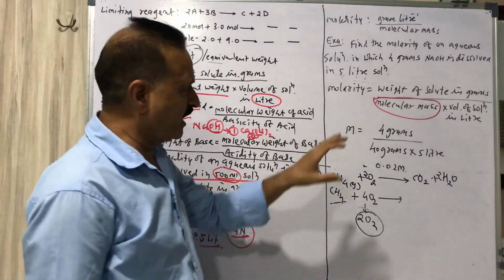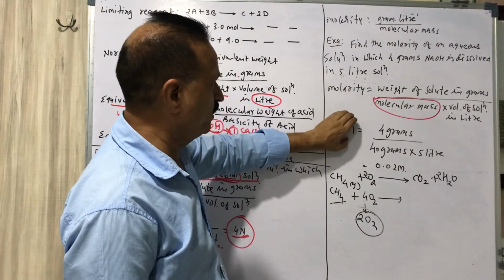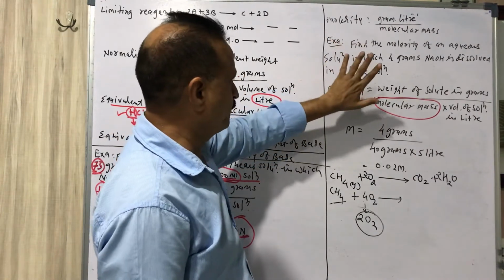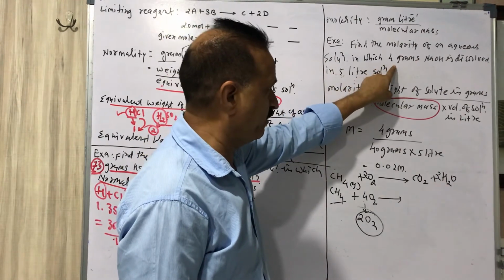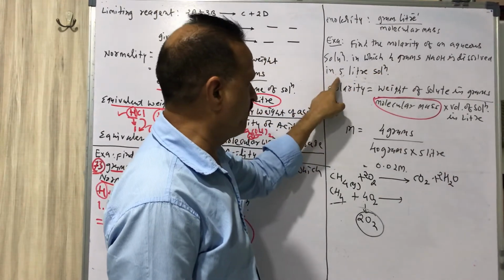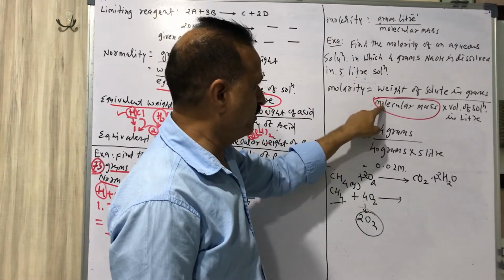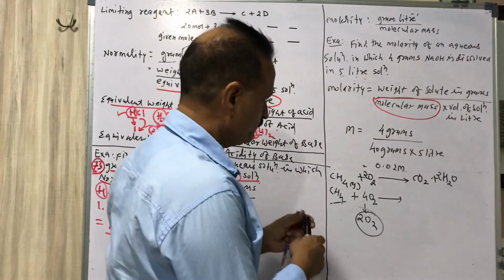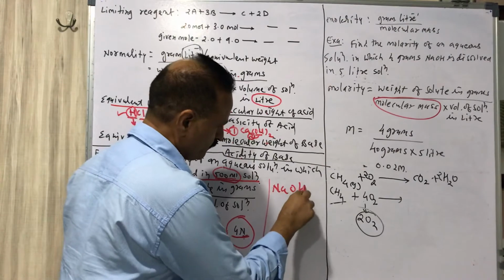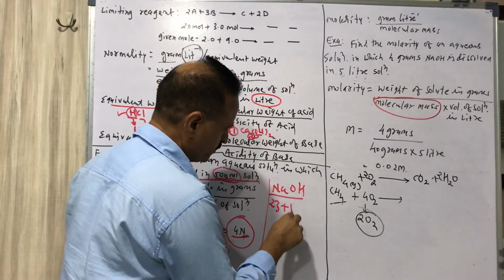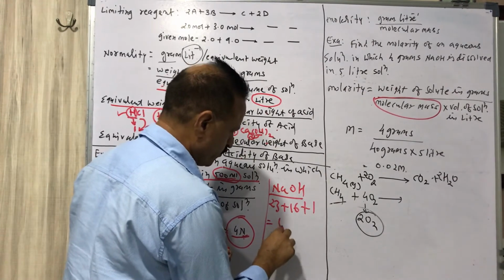Molarity has the capital M symbol. Here is one example. Find the molarity of an aqueous solution in which 4 grams of NaOH is dissolved in 5 liter solution. The weight of substance is 4 grams. The molecular mass of NaOH: Na is 23 plus O is 16 and H is 1, so it is 40 grams.